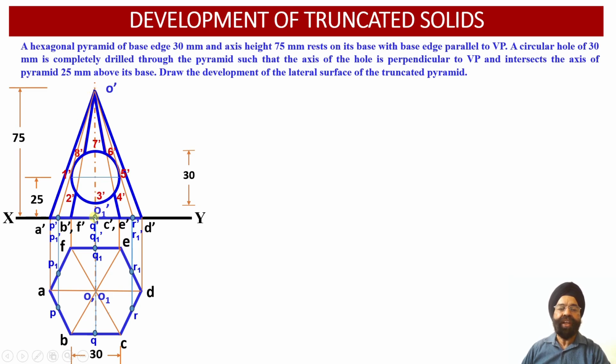Corresponding to these 2 points Q dash and Q1 dash, if we bring the vertical projectors into the top view projection, we find that point Q lies on the base edge BC, which is on the front side, whereas point Q1 lies on the base edge EF, which is on the rear side of the solid.